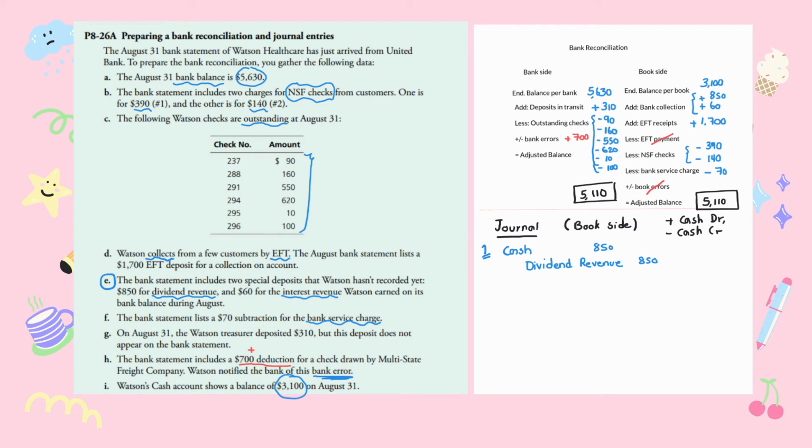Okay, and also we have another one for interest revenue, so I'm increasing cash also. Cash to interest revenue, and the amount is 60. Okay.